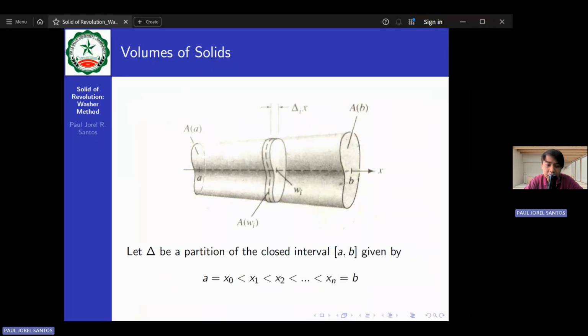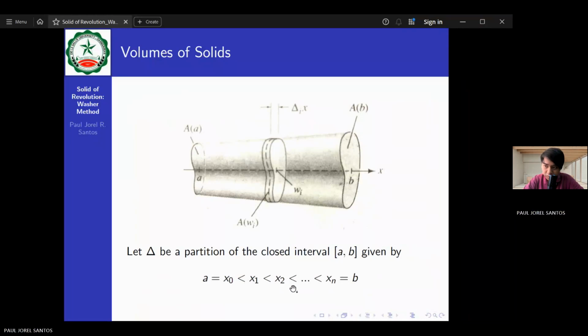Now, let delta be a partition of the closed interval a to b. Here we can see that a is the first number on this interval, represented by x sub 0, and b is the last number, represented by x sub n.